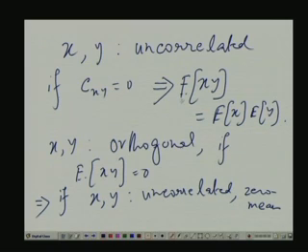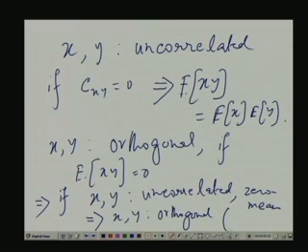In that case, since they are uncorrelated, E[xy] is E[x] E[y], and at least one mean is 0, if not both. So we have E[xy] equal to 0. Then this would lead to x and y being orthogonal. We write it as x orthogonal y.